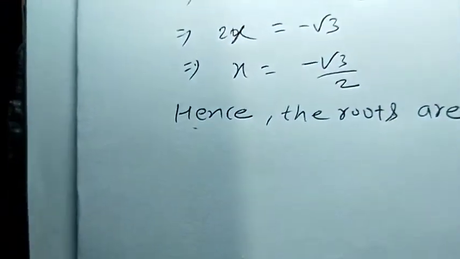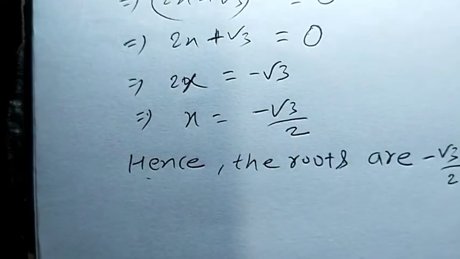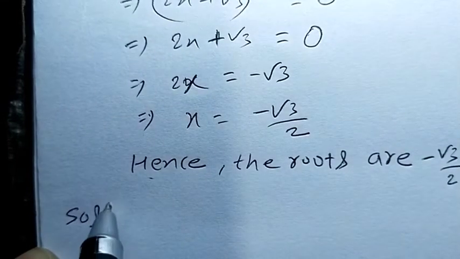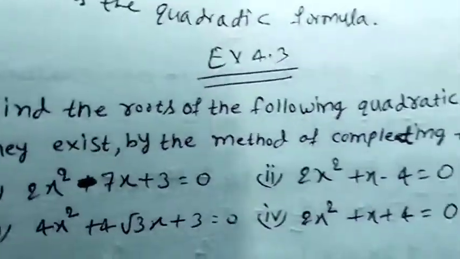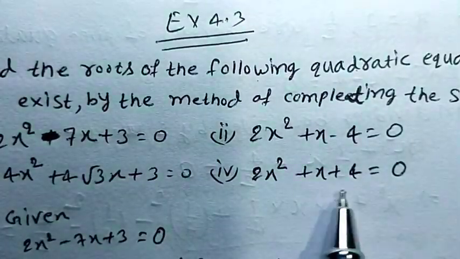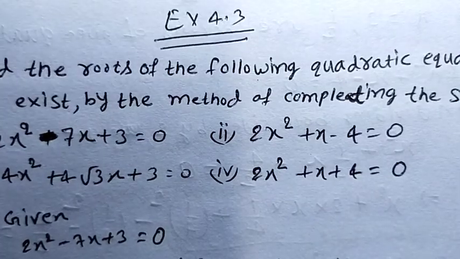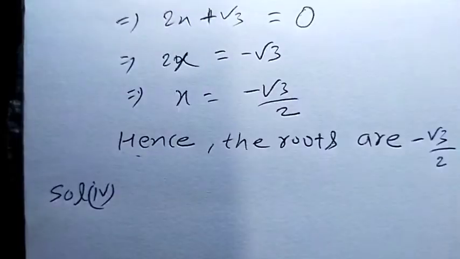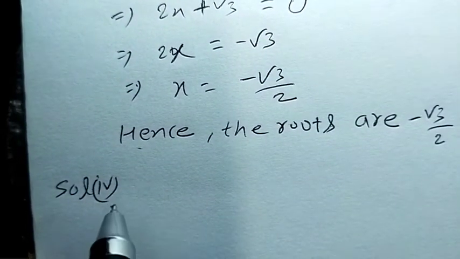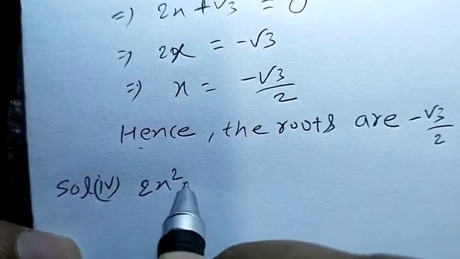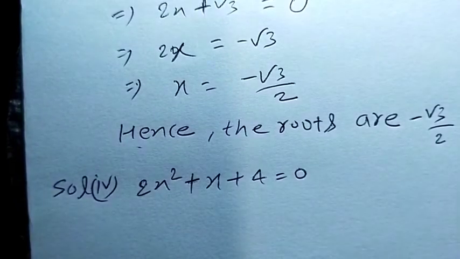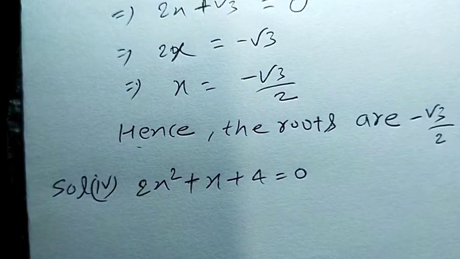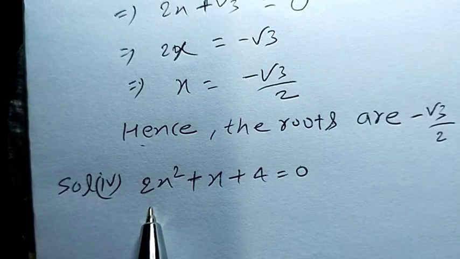Okay, the next question, question number 4. Now question number 4 is 2x square plus x plus 4 is equal to 0. Here the value of a is equal to 2, that is, this is not a perfect square.